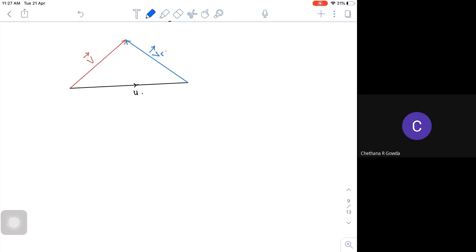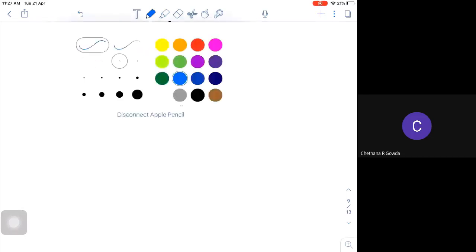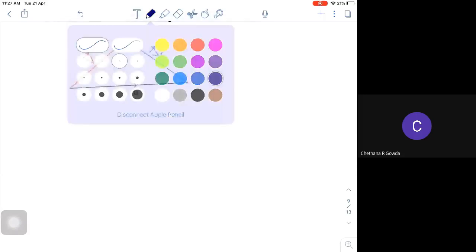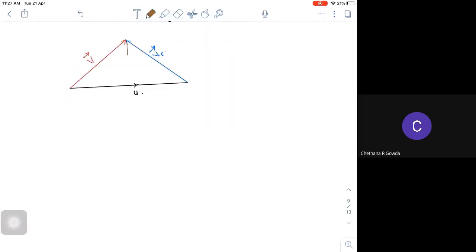Fine. Now, what I'm going to do is resolve this V component into two. You have a vertical component of your V, which is my Vf, and a horizontal component of it, which is Vw, such that it is based on alpha.